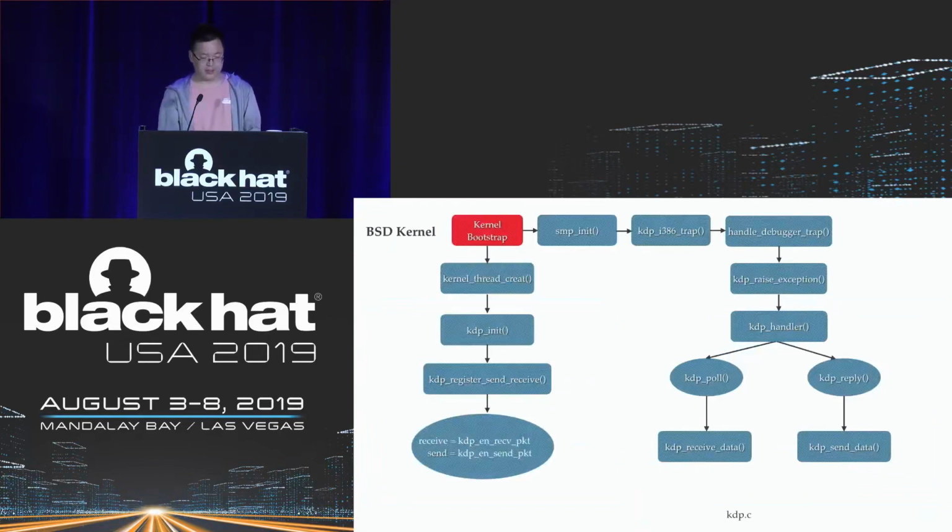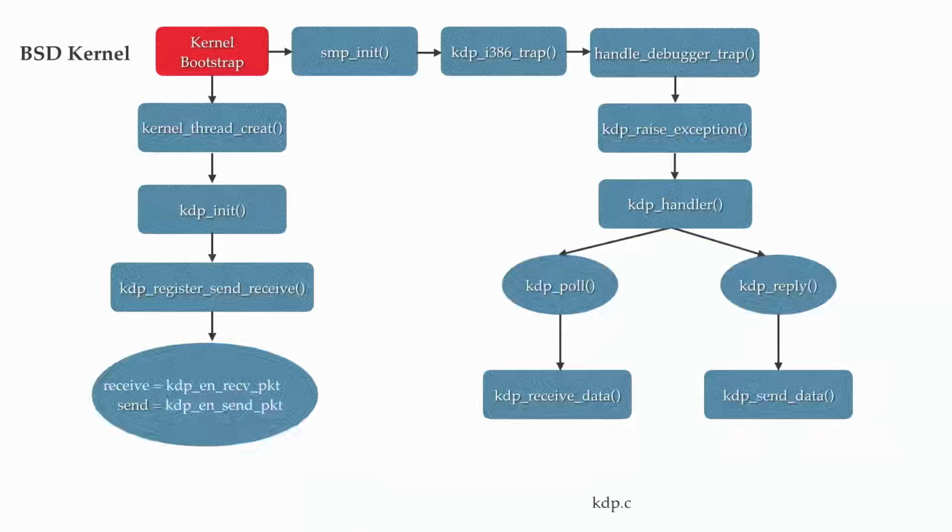For the kernel part, when the kernel bootstraps, the system will create a KDP init thread and implement a debugger trap. The KDP init thread will expose a KDP register function which can be used by our networking extension to register send and receive handlers. The debugger loop within the trap is responsible for polling and replying to the incoming debug messages after capturing the exception.